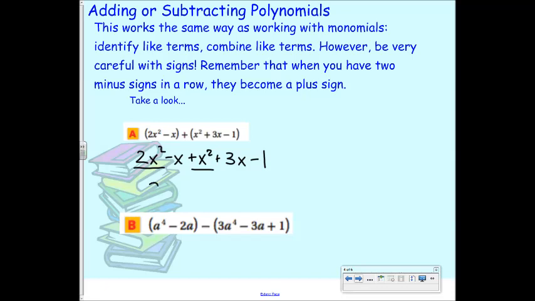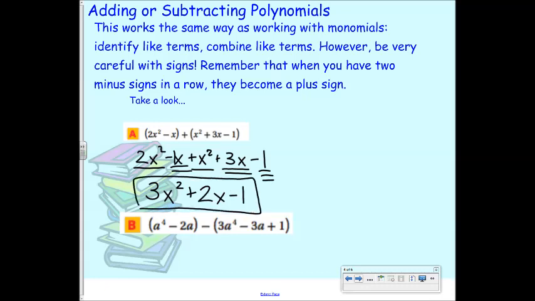What term is like this one? What's negative 1 plus 3? Positive or negative? And then is this like anything? No? So I just have a minus 1 at the end. And that's my answer. So you do it the exact same way. In this case, we can almost pretend the parentheses aren't there.